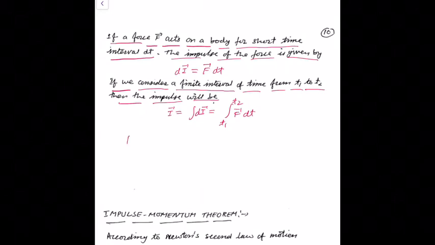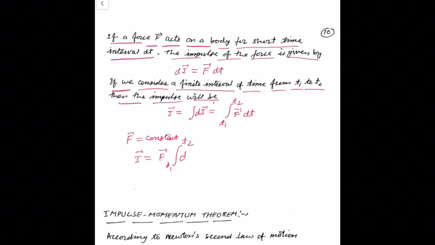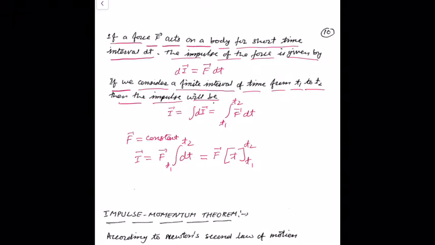If F vector is constant, then I vector is equal to F vector integration from t1 to t2 into dt, or I vector is equal to F vector integration of dt with limit t1 to t2, or is equal to F vector, put the upper limit t2 minus lower limit t1, or I vector is equal to F vector into delta t.